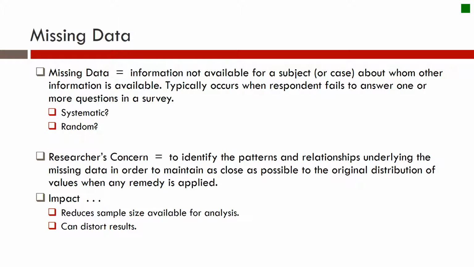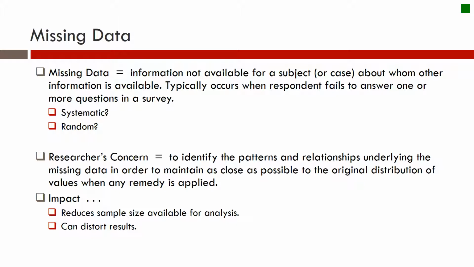So when we think about what missing data is, it's information that is not available for a subject or the object which you are investigating, yet other information is available. And typically what we're concerned about here is when there are noticeable patterns of missing data where the missing data becomes predictable, or the missing data represents some predictable element of our subject.